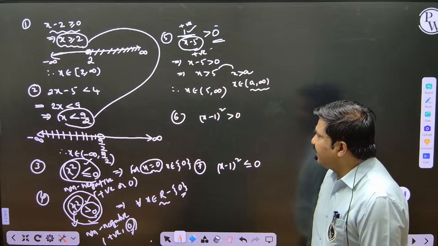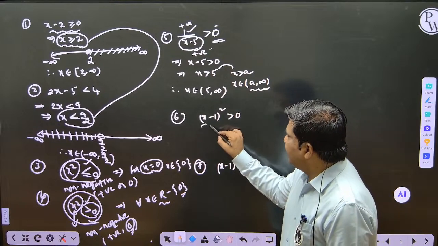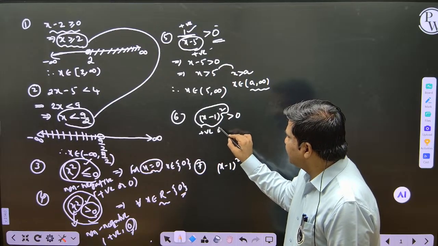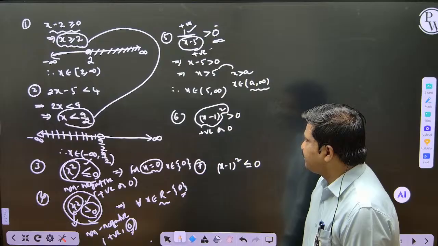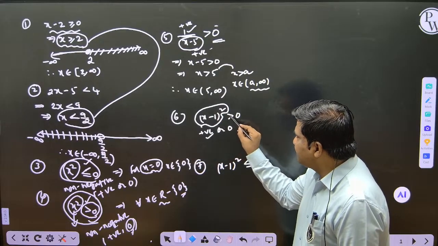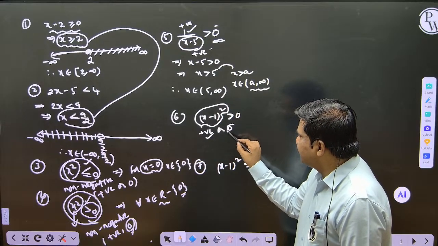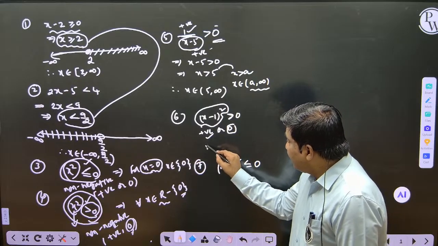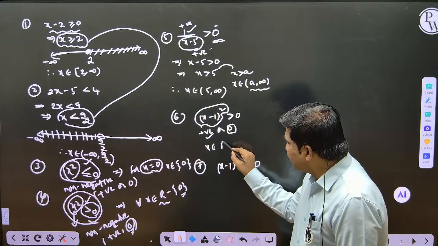So (x minus 1) whole square is a square term. This square term is always positive or 0. But here only positive is given to you. Which is missed here? 0. That's why your x belongs to what?